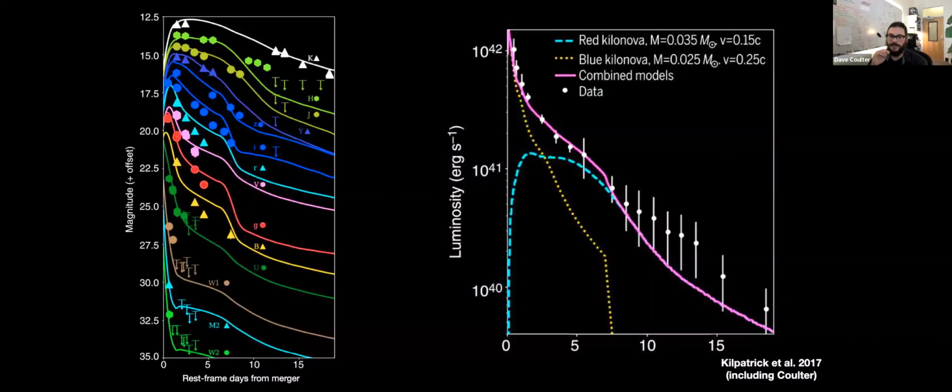large error bars too, because by 10 days the kilonova was almost non-detectable, right? So I think part of this is where JWST is going to come in. JWST is going to be able to follow these to fainter limits and redder wavelengths, which we didn't have with AT 2017gfo.